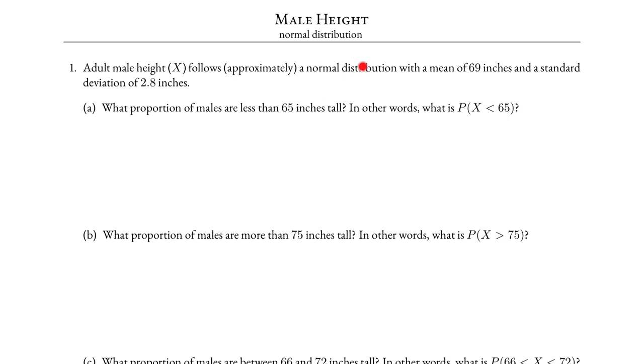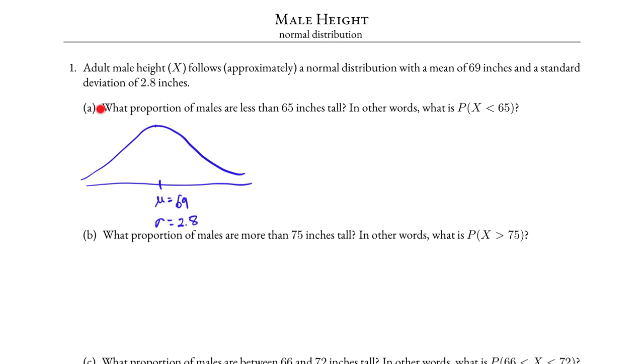With a normal distribution problem, the first thing we need to do is to draw the graph, the bell-shaped curve. From the peak look down, that is the mean, and the mean is given, 69. We label the mean 69 and the standard deviation of 2.8.